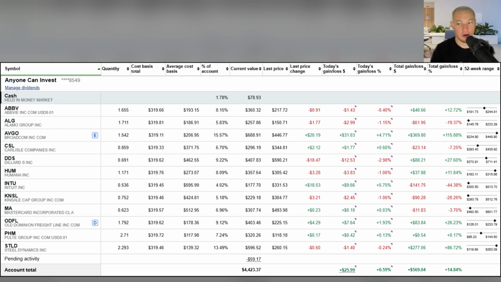The worst performer is Intuit. It just had a terrible last 2 weeks, so that would make sense. Of Intuit, we have a little bit over half a share. It's down $141.75 or 44.38%, so that's rough. The good news is I still believe in Intuit and its catalog of things that the company owns.